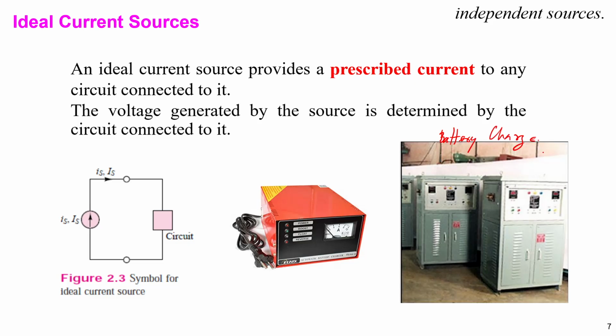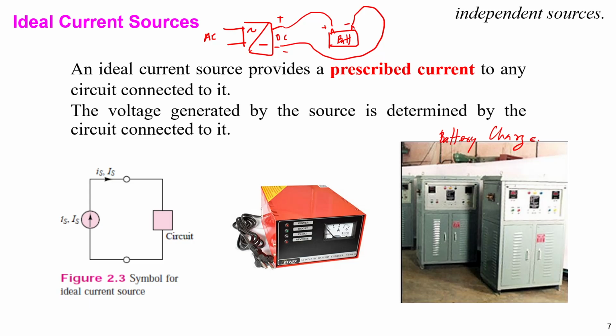Because sometimes when we charge the battery, we need constant current, right? When we charge the battery, we transform the AC system to a DC system and charge our battery.